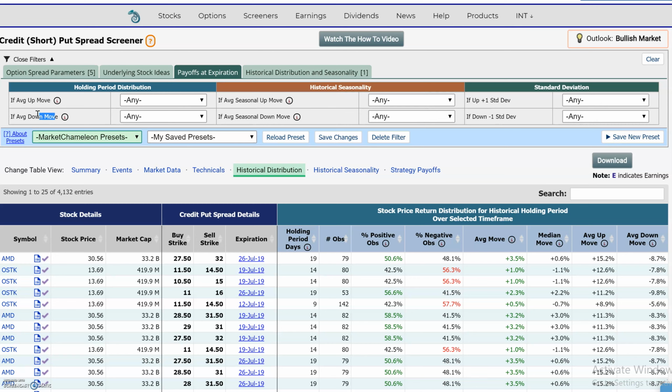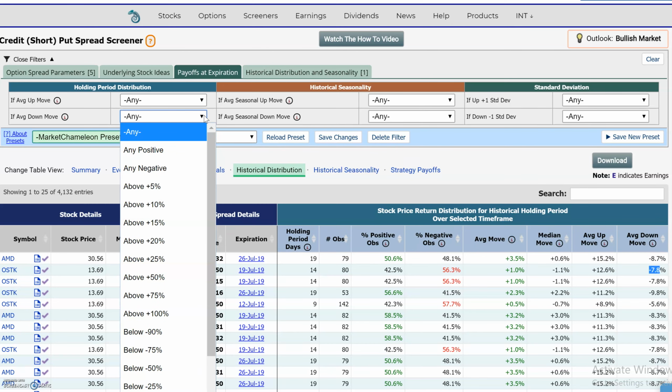What I'm going to do here is average down moves. So what this is saying is, at expiration, if the stock is down from today by its average down move, I'm going to set this. I want my return on my credit spread to be any positive. You could pick one of these, but let's just say any positive.